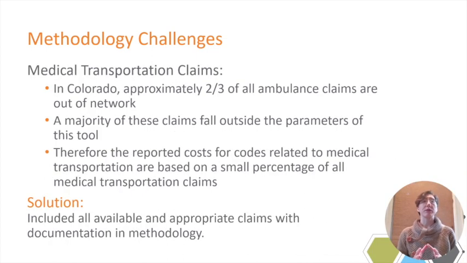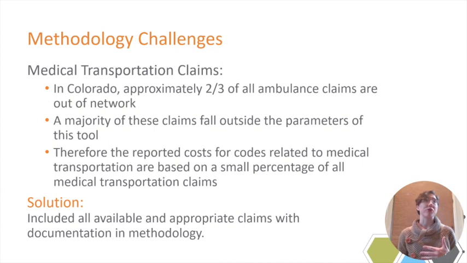There were 2 specific categories of codes that were particularly challenging due to data issues. Medical transportation claims are a hot topic in surprise billing, and part of that is because the clear majority of ambulance claims, at least in Colorado, are out of network.